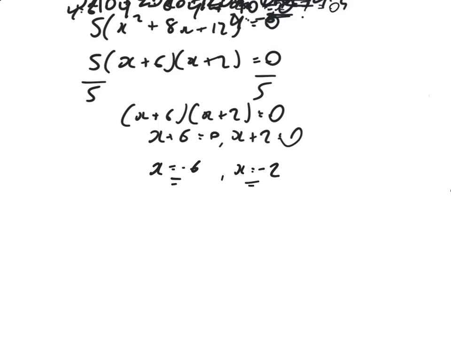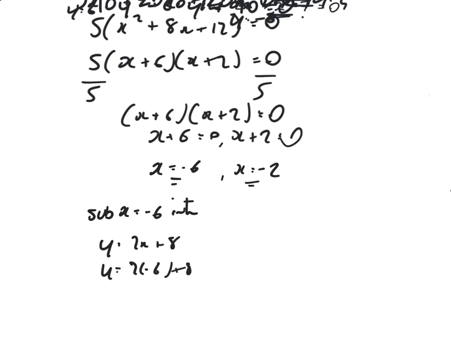Okay, so to get the y coordinate, I'm going to sub back into y, so sub x equals minus 6 into y equals 2x plus 8. So that's 2 lots of minus 6 plus 8. And that's minus 12 plus 8, which is minus 4. So point of contact 1 then is (minus 6, minus 4).